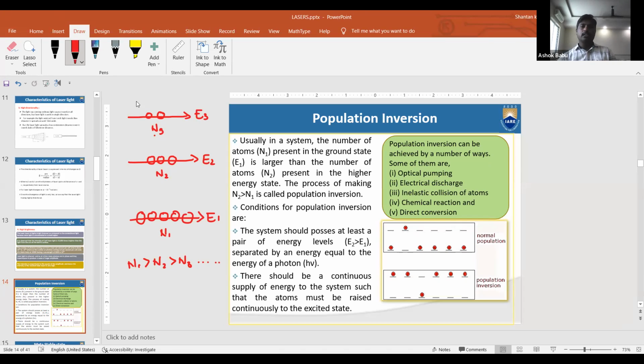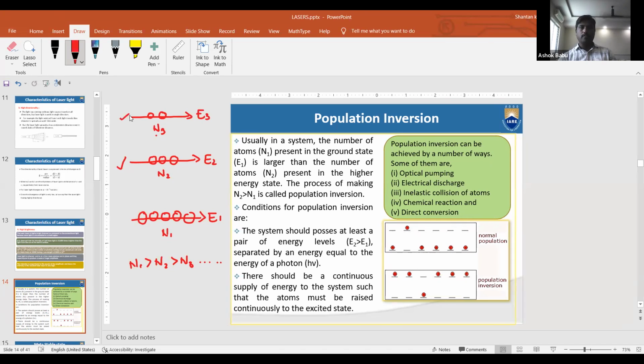Coming to population inversion: it is when the number of atoms in the excited state is greater than in the lower energy state. And this is the usual occupation of population.